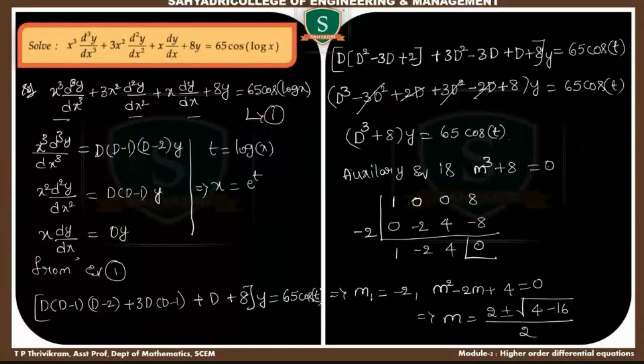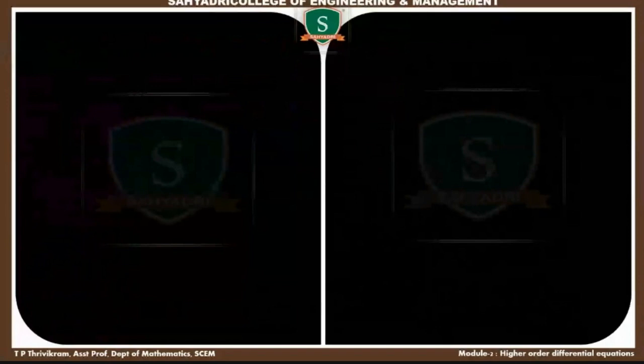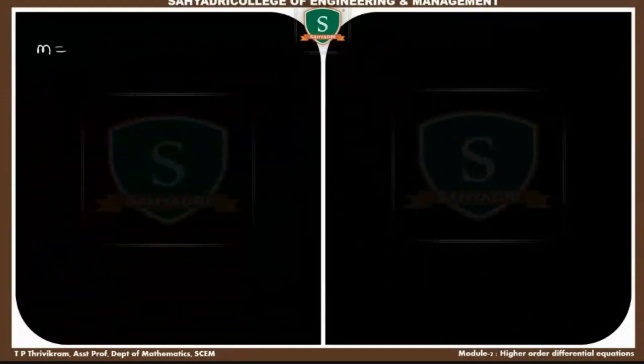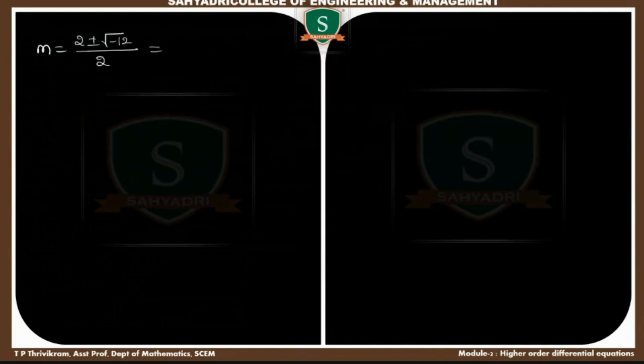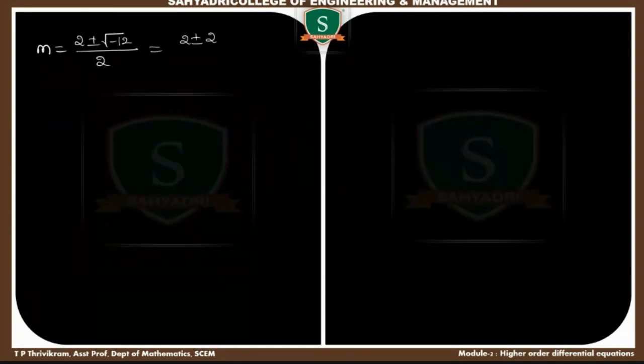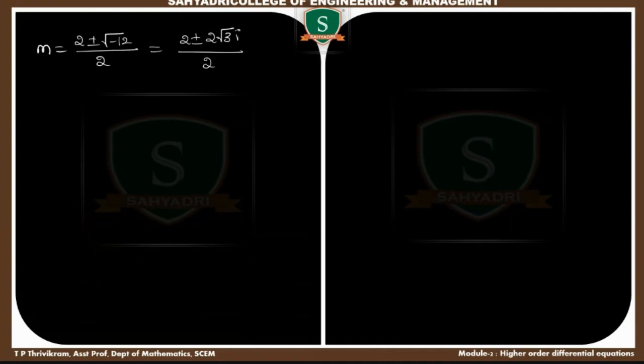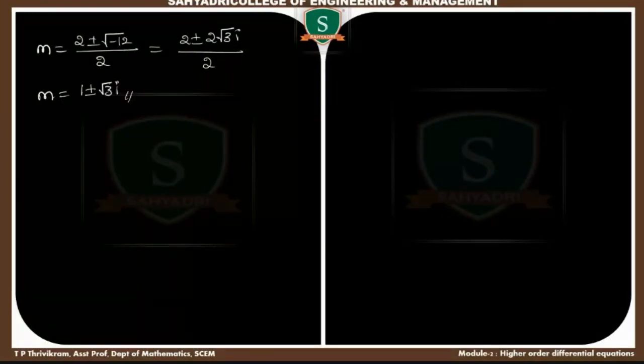So m is equal to 2 plus or minus root minus 12 divided by 2. So 2 plus or minus, root 12 can be written as 2 root 3 i, divided by 2. m is equal to 1 plus or minus root 3 i. Fine.